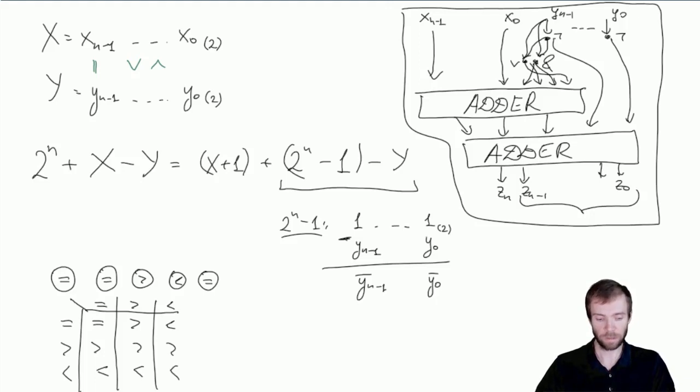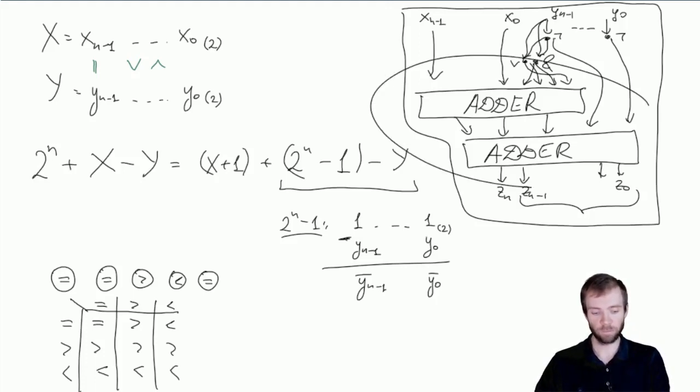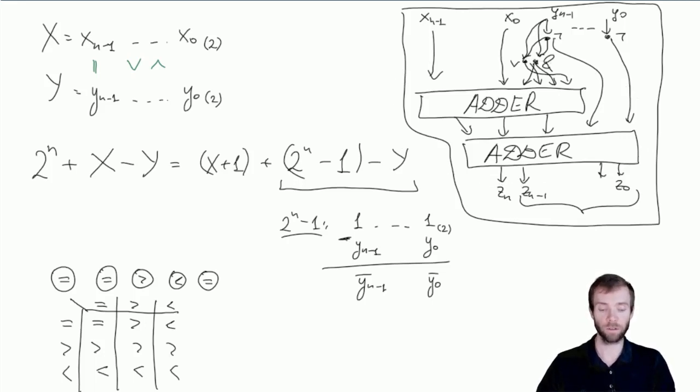Actually, we now know the total size of the circuit, even if we employ some extra computation to compare the numbers and then to produce a signed output, the resulting circuit would be of size at most big O of n log n due to us using adders, and the depth would be logarithmic as well, as the adder depth.